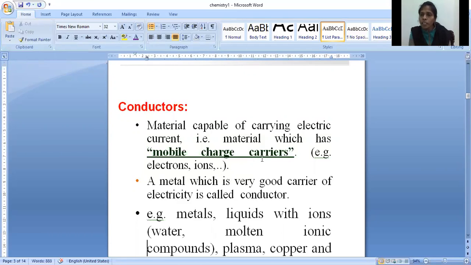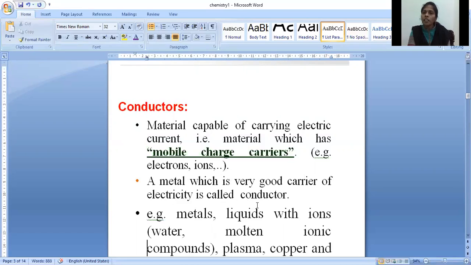Those materials have mobile particles. Mobile particles are nothing but electrons or ions. Due to having electrons and ions, those materials are able to pass electricity. That is what is meant by conductors. A metal which is a very good carrier of electricity is called a conductor.